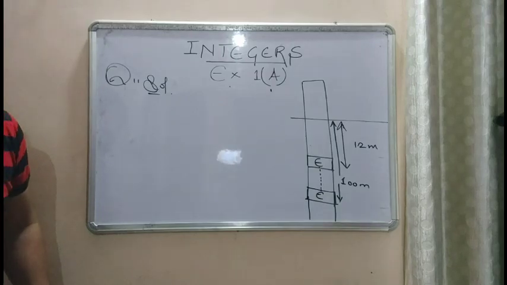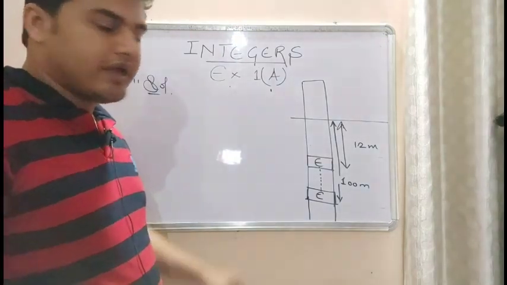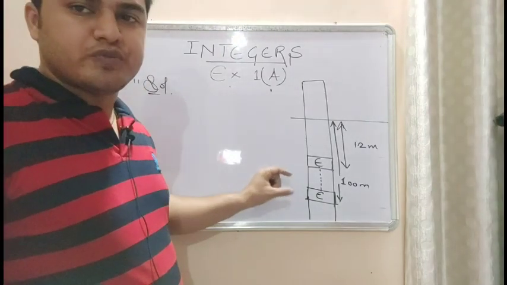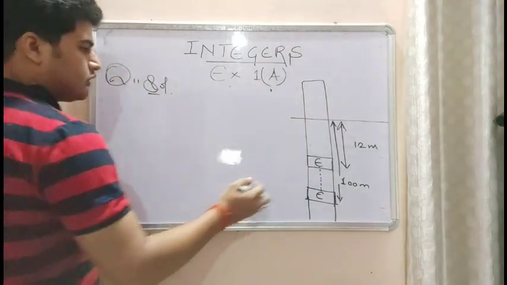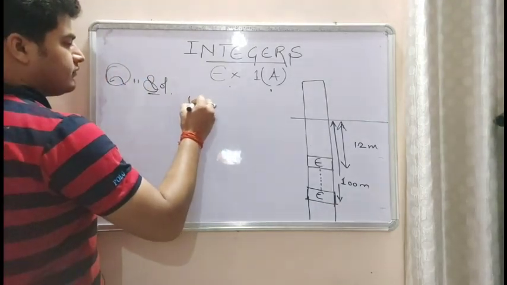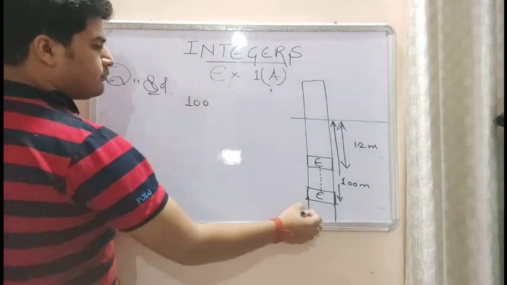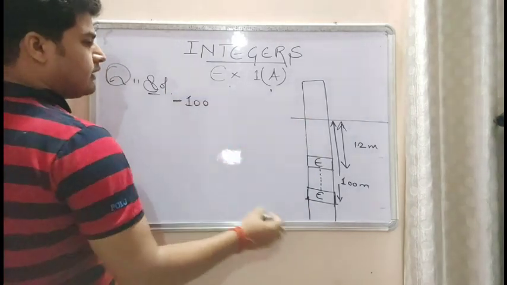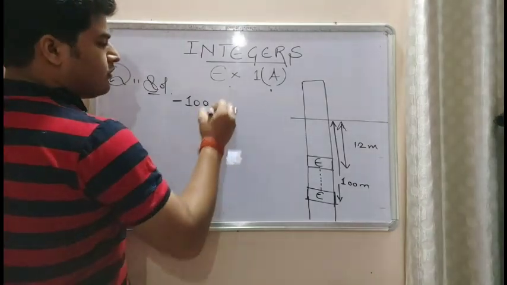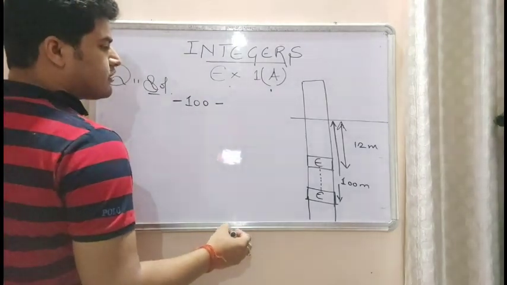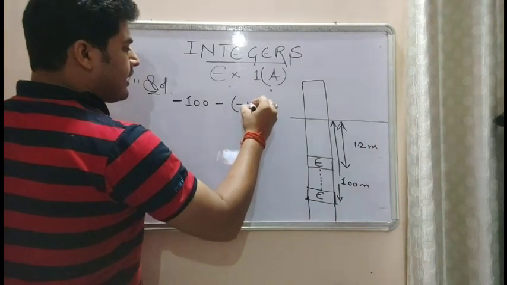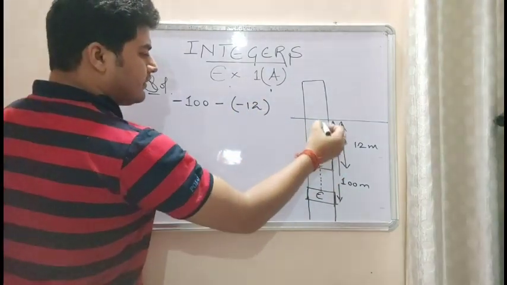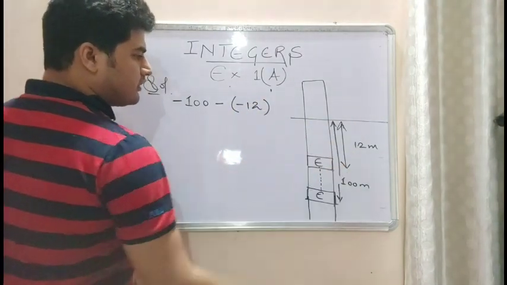What is the change in the elevation of the elevator? तो जो elevator की position है उसमें change कितने का आया? So the final position is minus 100 because it is below the ground, and you have to find the change, the difference. So for difference you subtract. Minus 12 meters, because this 12 will also be taken as negative because it is below the ground.